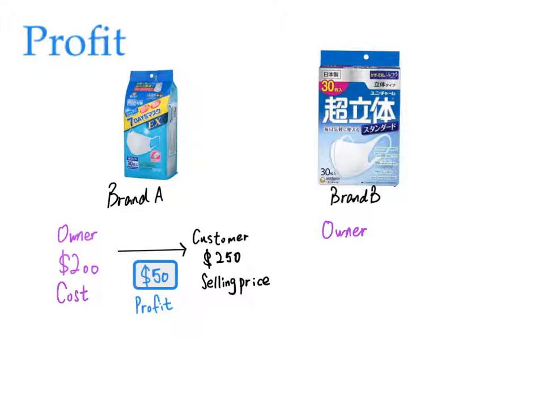For brand B, the owner bought this pack of masks for $500. It is the cost.